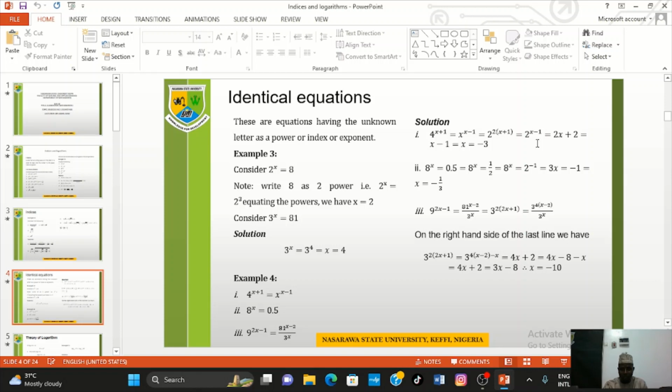So when you rearrange, 2x minus x is equal to minus 1 minus 2. That gives us x equals minus 3.